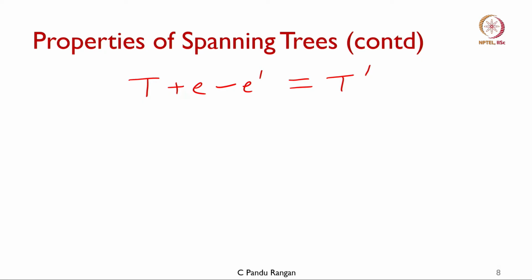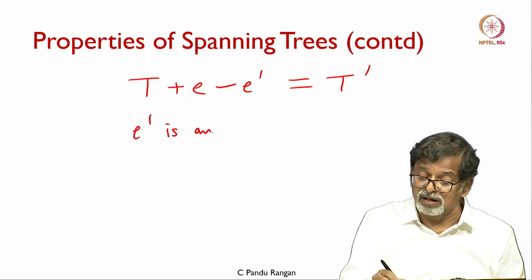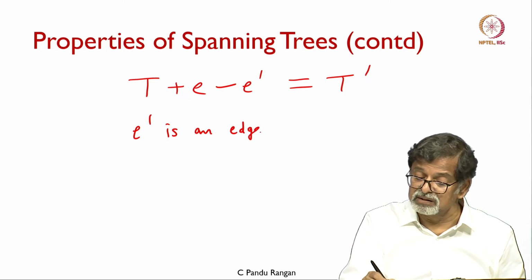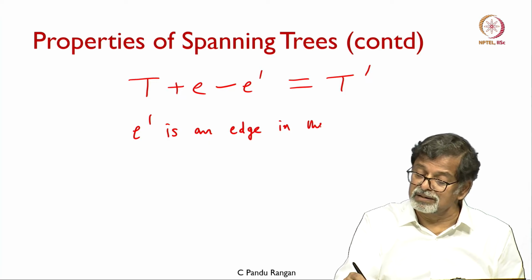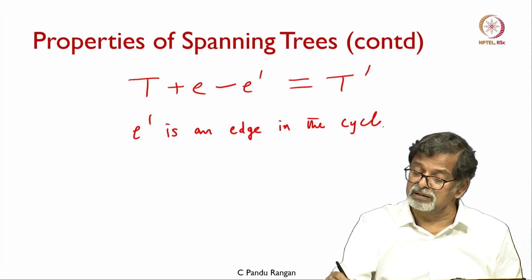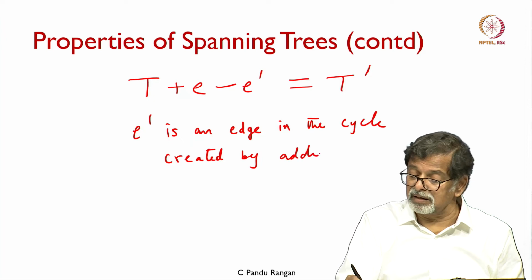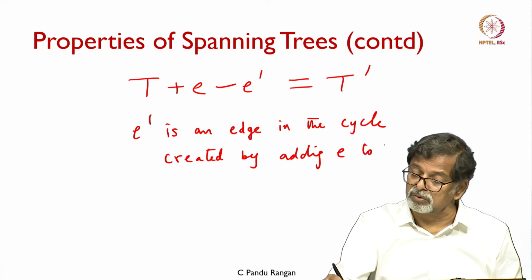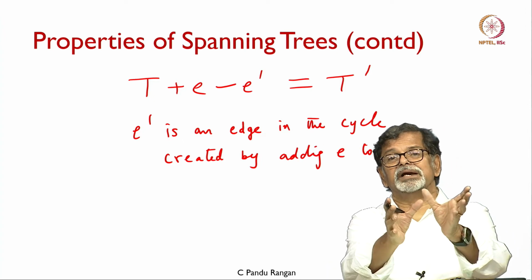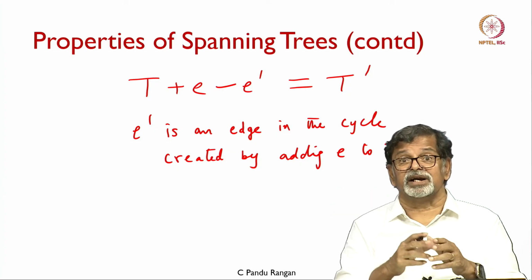What is that edge E dash? E dash is not any edge. E dash is an edge in the cycle created by adding E to T. When you add E to T, a cycle is created.